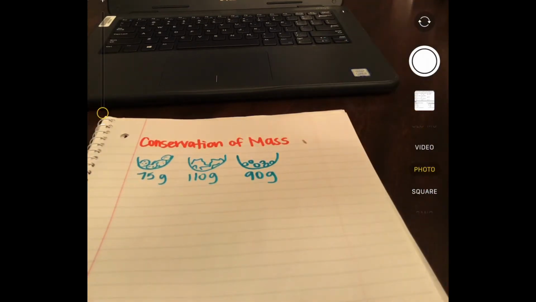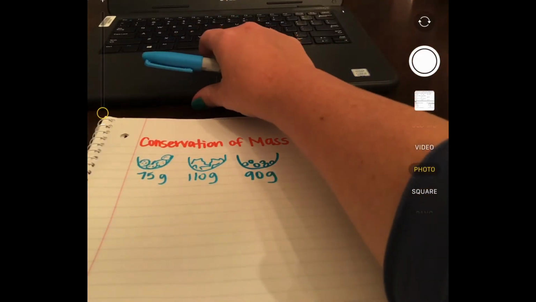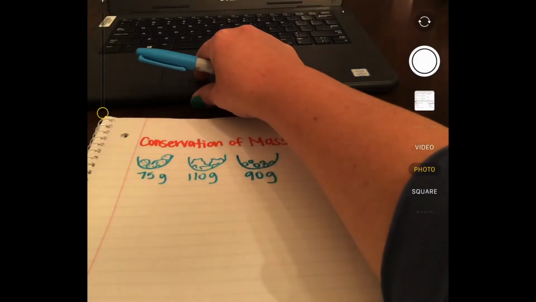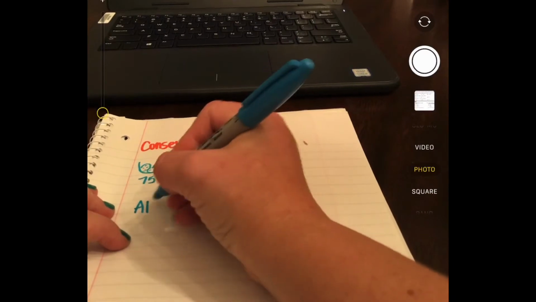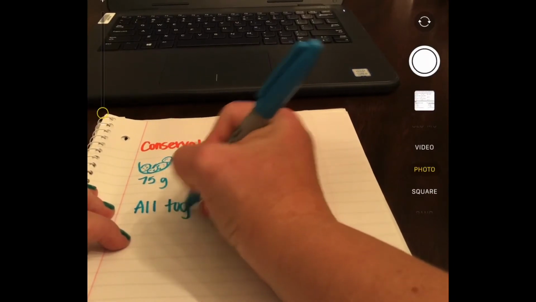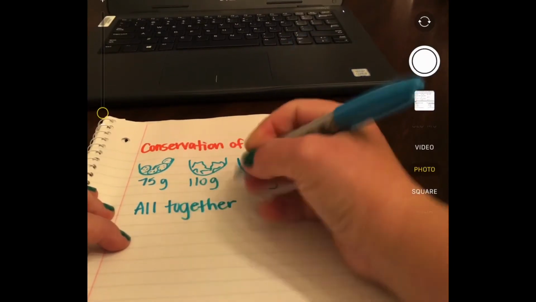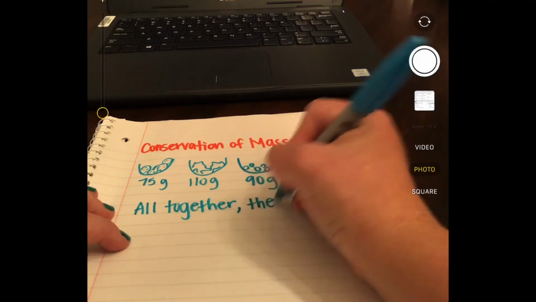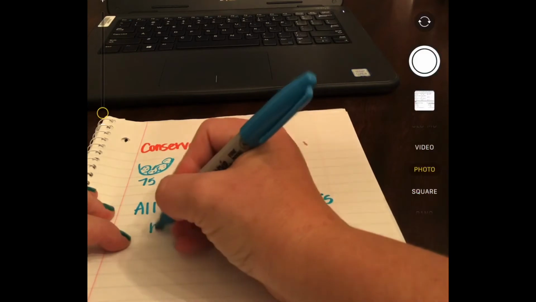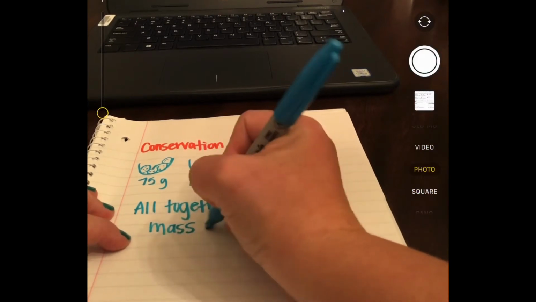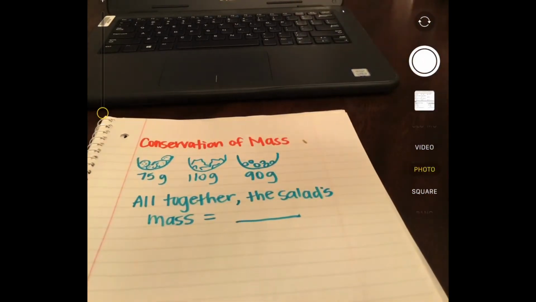Okay, so what would the mass of the actual salad be once you put them all together? Okay, so down here you're gonna write, all together, the salad's mass equals what?